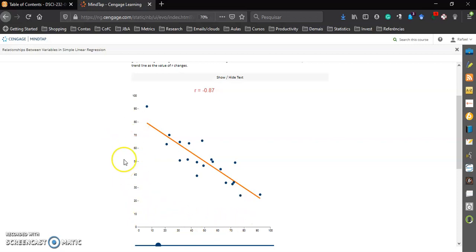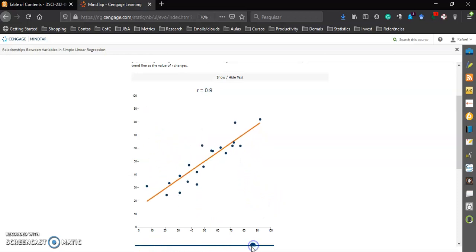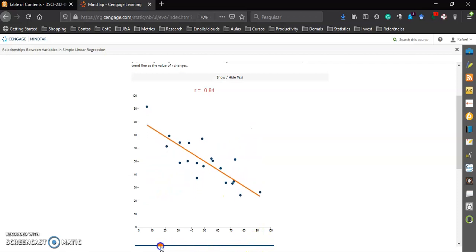Okay, so sometimes we have relationships that are negative, and sometimes we have relationships that are positive. The more we do something, the more something else increases. Another example of a negative relationship is the mileage of a car on the x-axis and the price of the car.